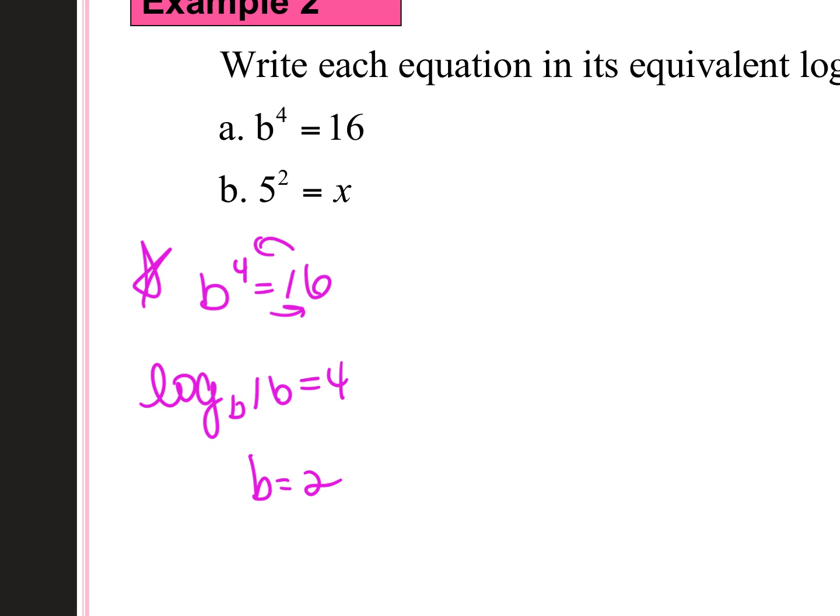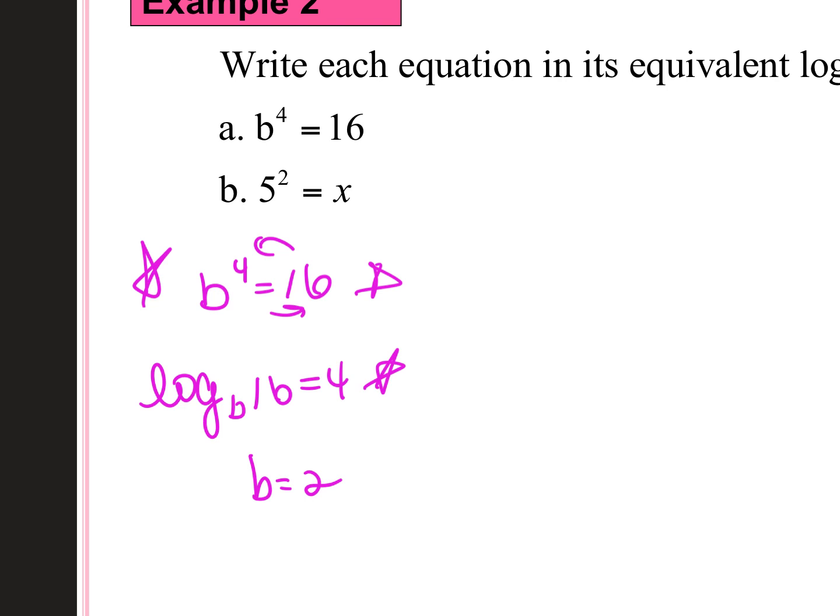All right, so if you are ever starting off in logarithmic and you're trying to figure out what the answer is, change it to exponential, and then it's easier to solve. If I gave you this and this, you could easily look at that and say b to the 4th equals 16. What's b? 2. When it's in log form, it's not as easy to see. So if you start off with something in log and you're trying to solve it, just change it to exponential.